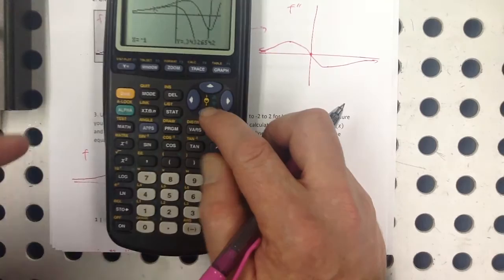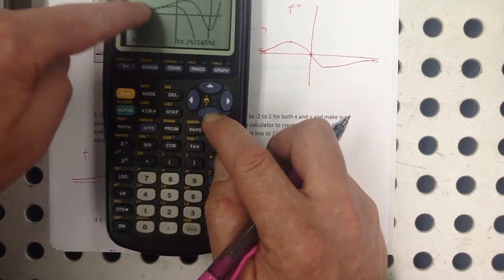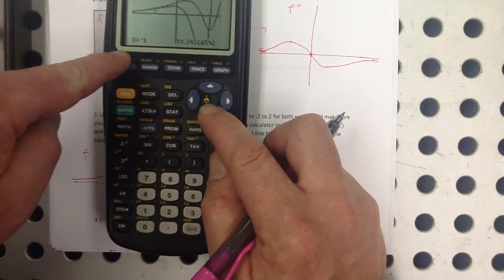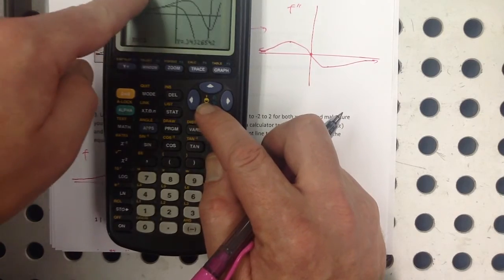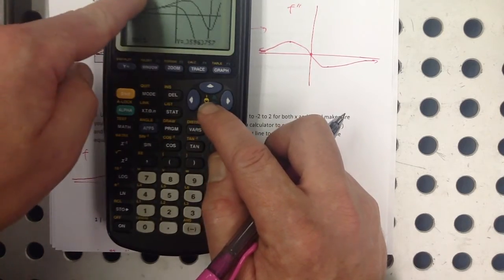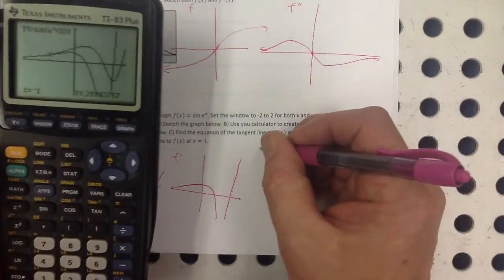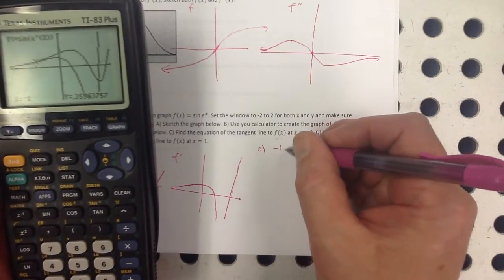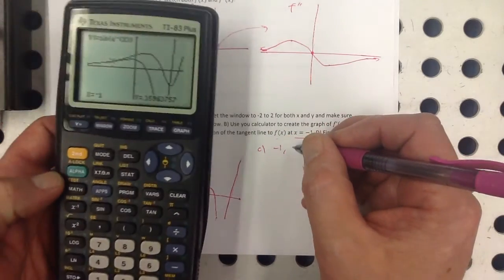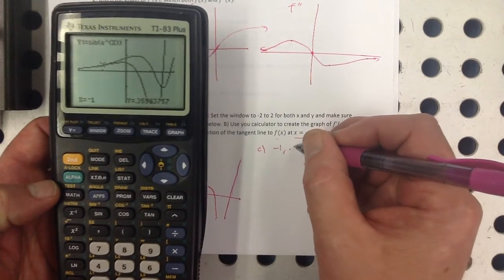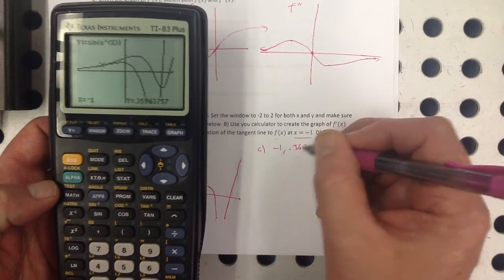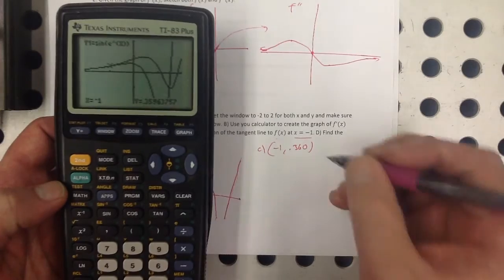And then if you see, I'm scrolling down here, that gives me the derivative. So I can do both of them. So y1, that's the actual function. So my point is negative 1, 0.360. That's rounded correctly to 3 decimal places.